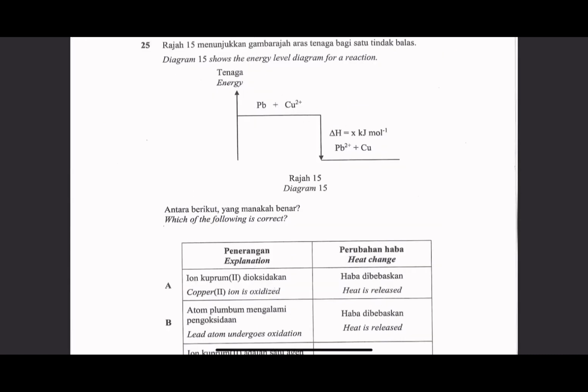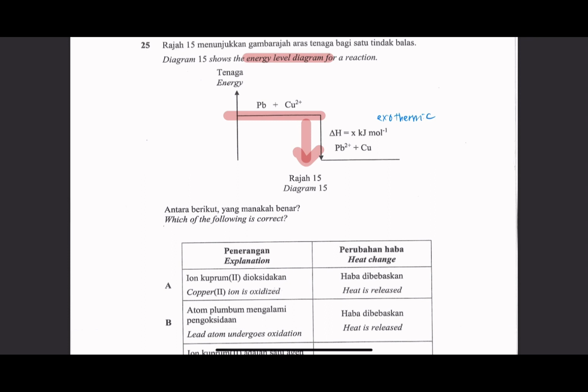Okay, question 25. The diagram 15 shows the energy level diagram for reactions. Lead reacts with copper ion and then produces lead ion and copper. Again, the energy decreased. So these are exothermic reactions. The energy level decreases.